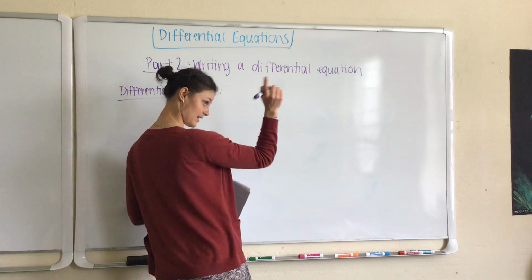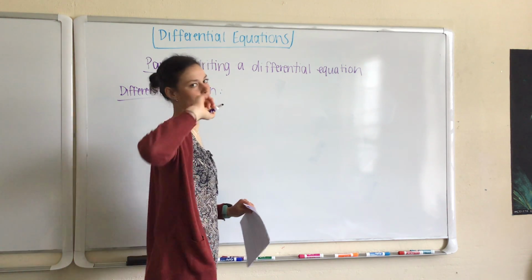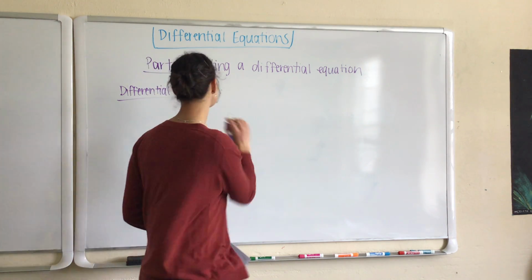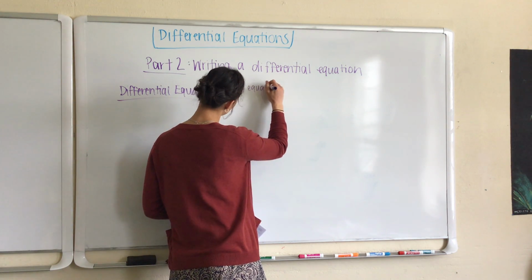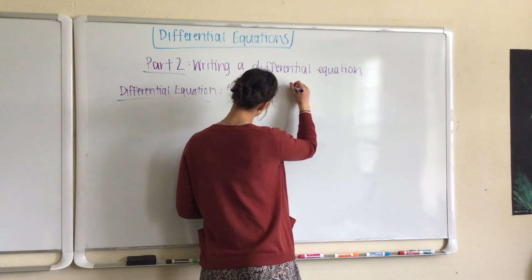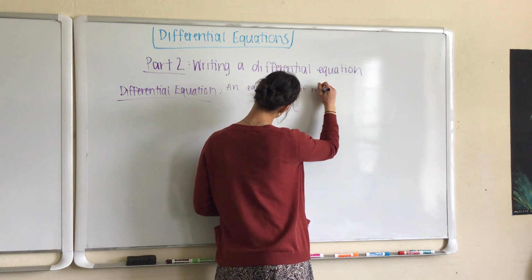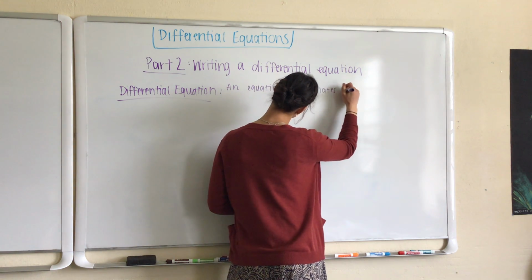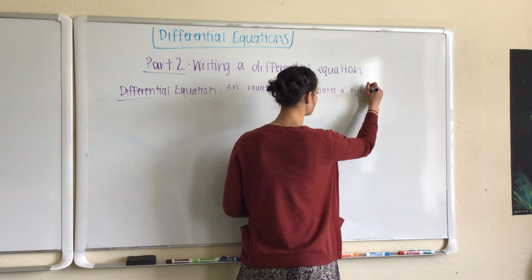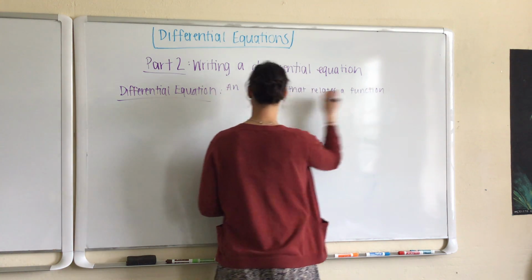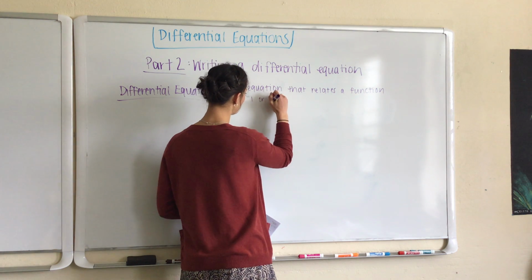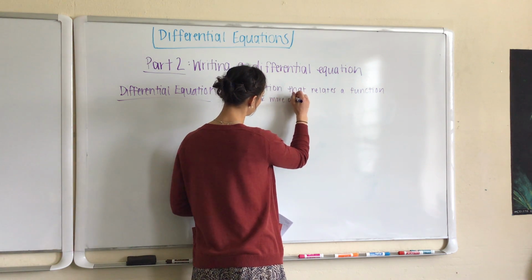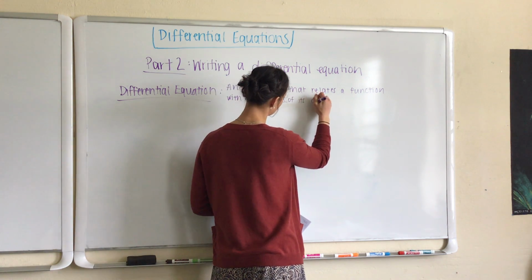I'm going to write it again, and you should write it again too, because repetition helps you remember things. An equation that relates a function with one or more of its derivatives.